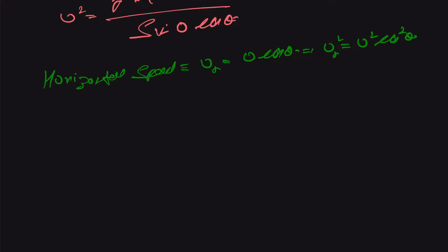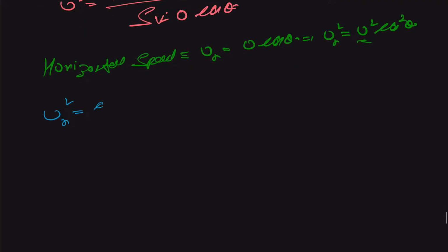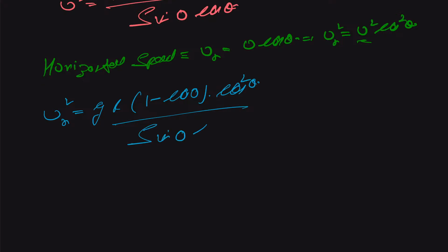In place of V square we simply substitute our value, so we get Vx square is equal to gr (1 minus cos theta) cos square theta divided by sine theta cos theta.